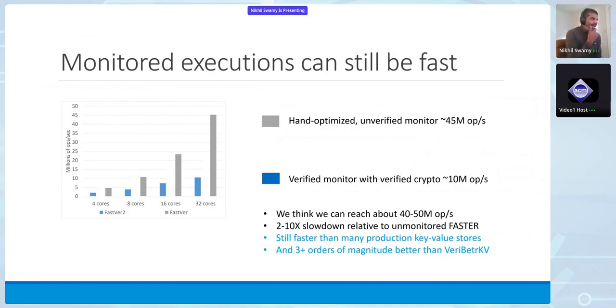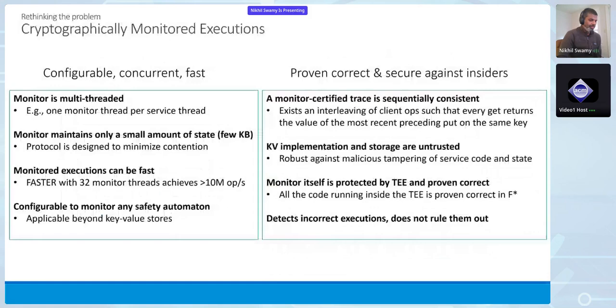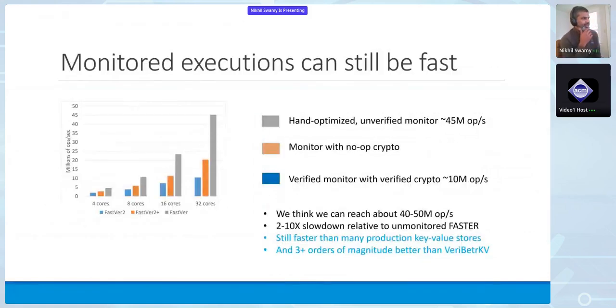So what we're doing right now is trying to find and close this performance gap between our verified and unverified monitor. To give you a sense of it, we think half the overhead is due to our use of relatively slow cryptography in verified C code rather than hardware accelerated assembly code. So we think we can close half the gap by switching to better crypto.